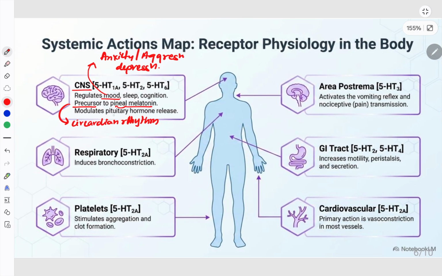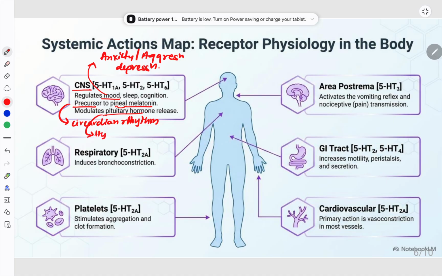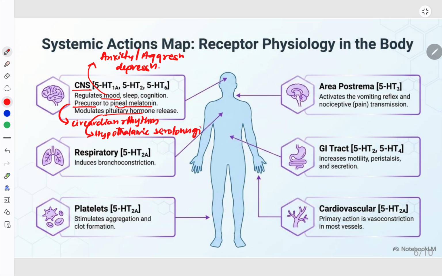Lastly, it also modulates pituitary hormone release because there are hypothalamic serotonergic neurons that are directly connected to the pituitary gland, and they modulate its hormone release.